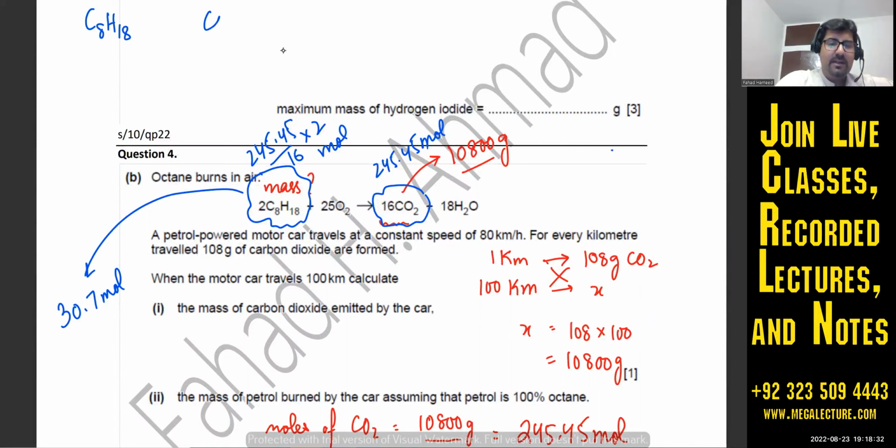What does the equation tell you? 2 octanes produce 16 CO2s, right? And I have 10,800 grams, which converts to 245.45 moles. So उससे ratio लगा लो, cross multiply and you'll figure out the moles of octane will be this much. ये clear है?